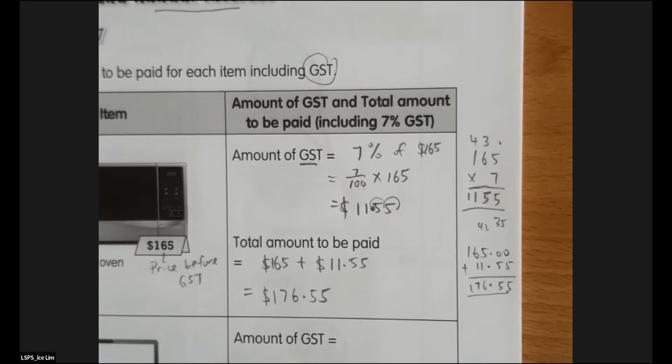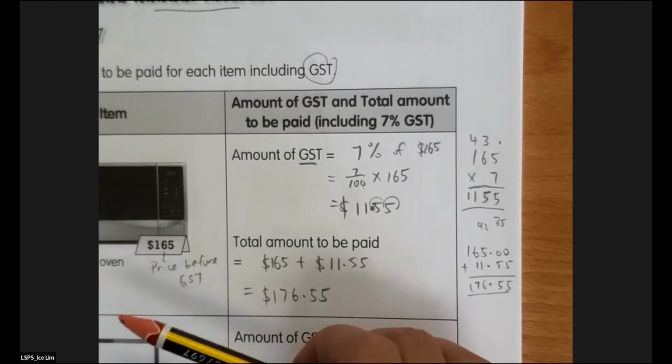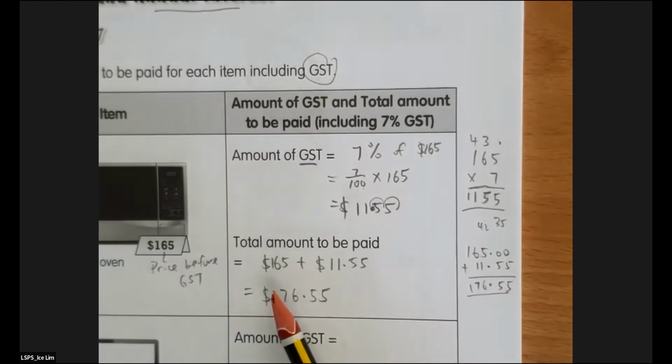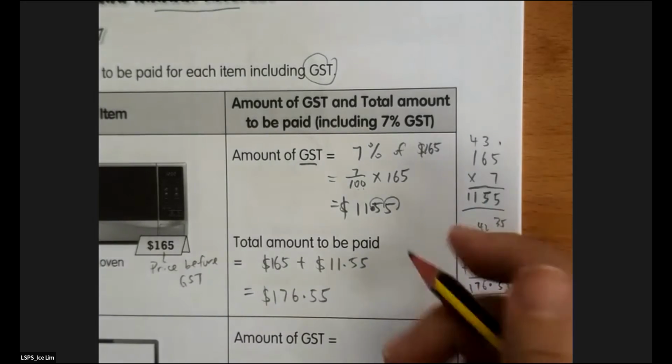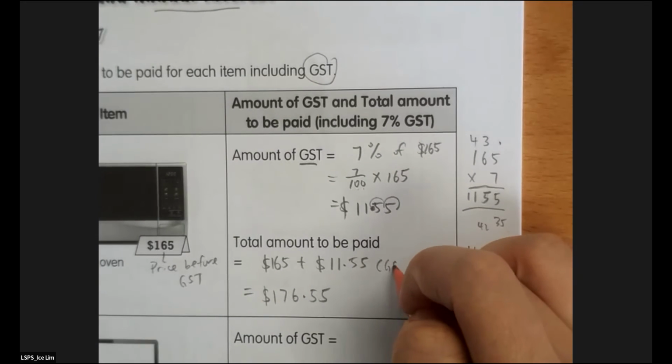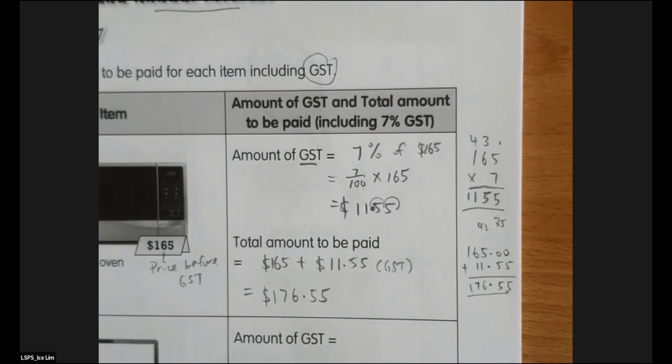So you see, the total amount to be paid to buy the oven, I have the price before GST is $165 plus $11.55, that's the GST. Then the total amount that I'm supposed to pay is $176.55. Is that okay? Okay, next one.